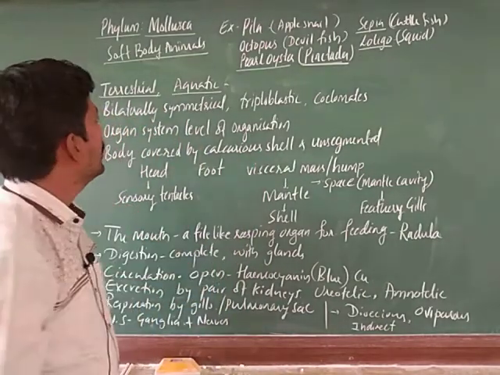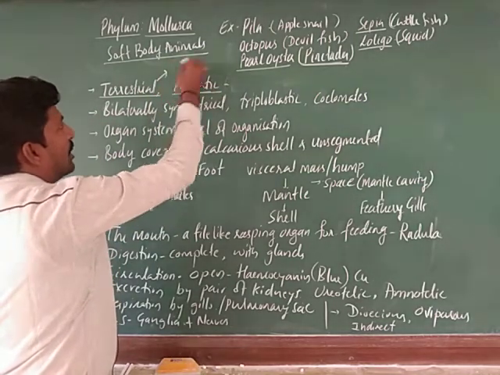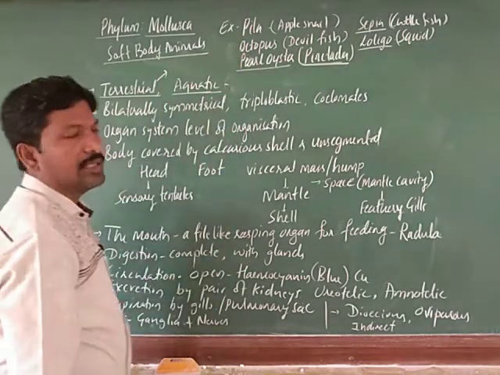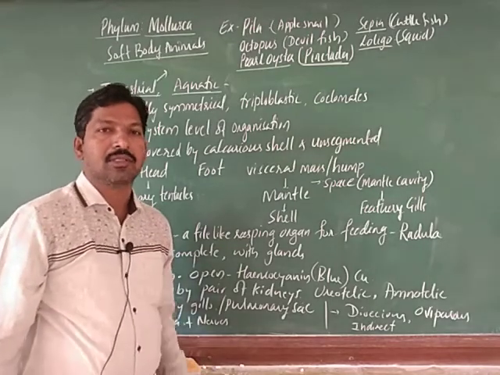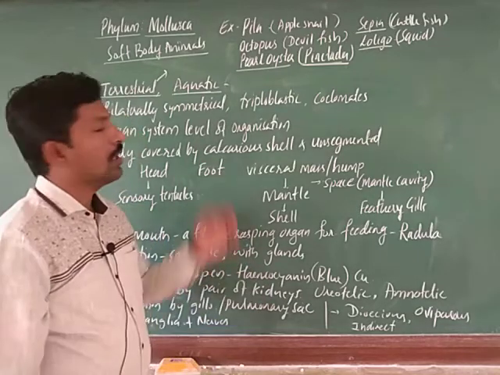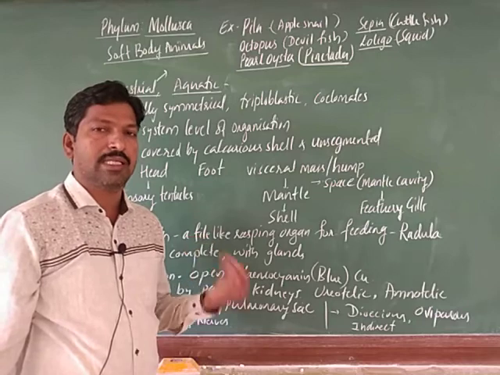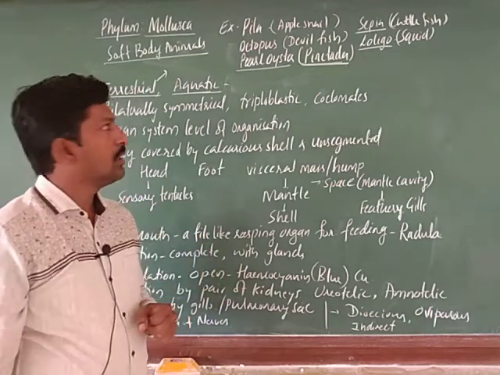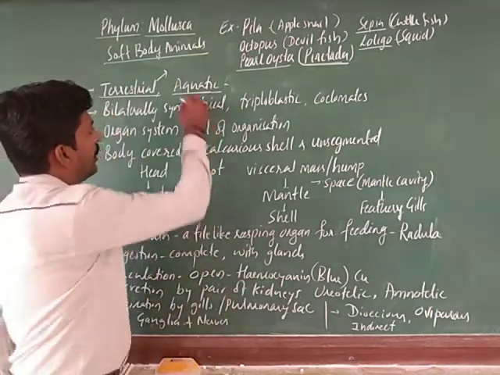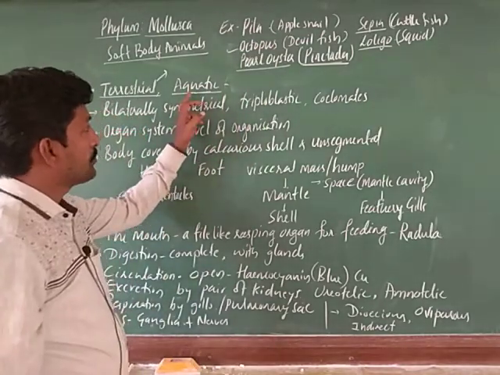They may be terrestrial or aquatic. Apple snail is also terrestrial, sometimes found in water also, right. So, amphibian forms of mollusks also exist, because they can survive both on land as well as in water. Some are purely aquatic, like octopus.